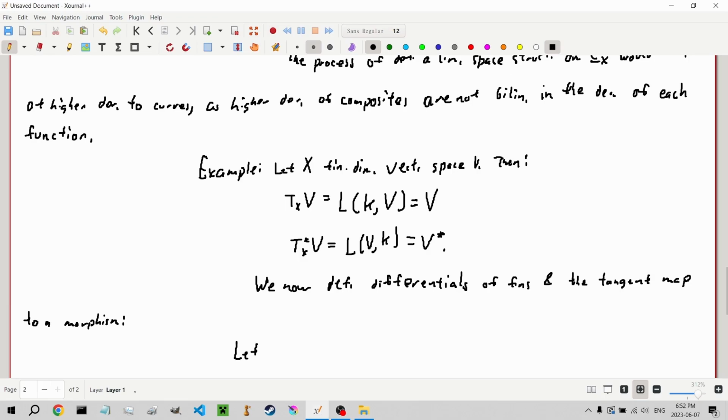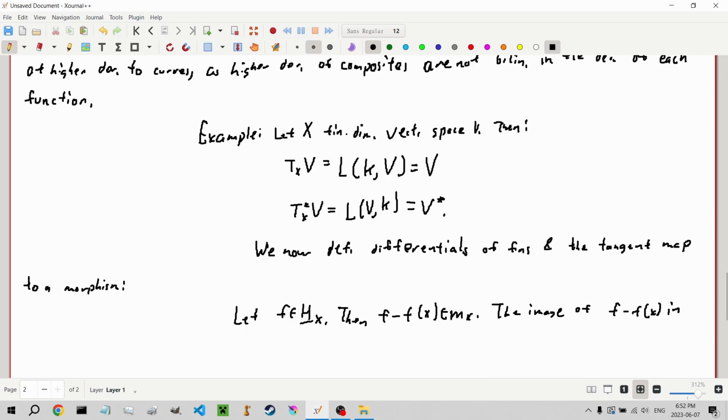So let f be in H underline of x. Then f minus its constant part, f of x, is in the maximal ideal, m of x. The image of f minus f of x in mx over mx squared. So essentially we're removing the constant term with f minus f of x, and removing the higher order terms with this modulo.